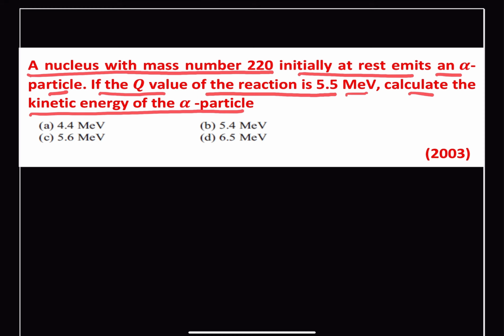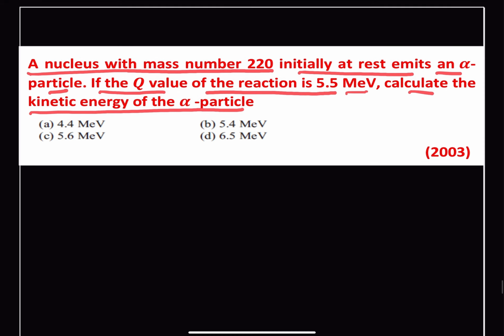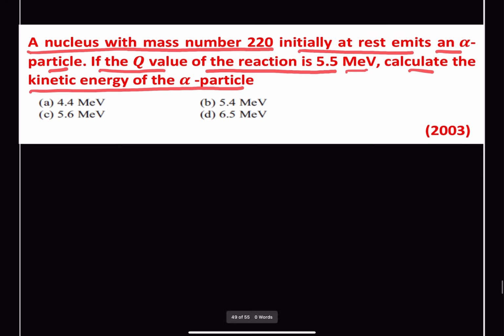So we are given that the nucleus has a mass number of 220, which we can call the parent nucleus.